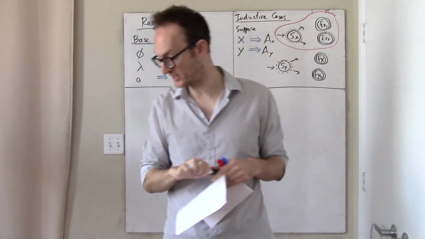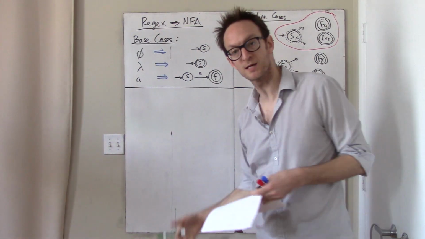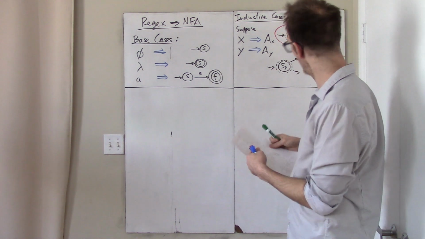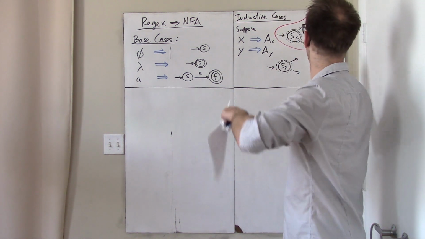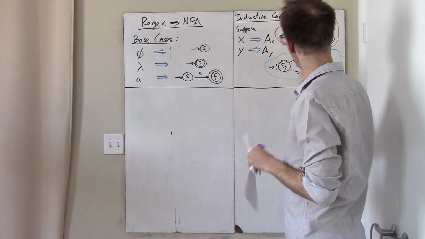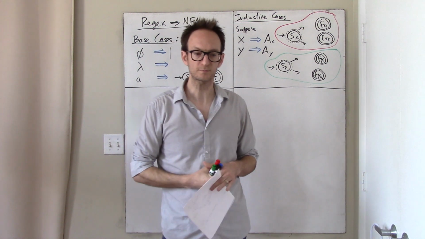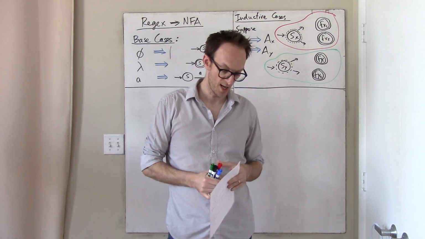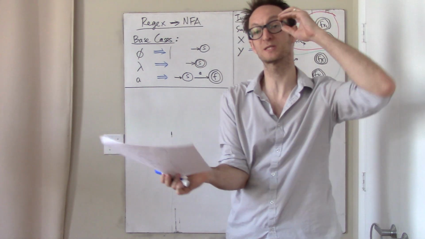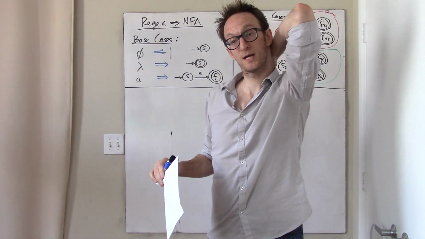There could be any number of accept states, or one or none, but there may be more than one, so I'm just drawing two. And now I will put a green bubble around this machine to indicate that once again we're not going to look at its internal structure.